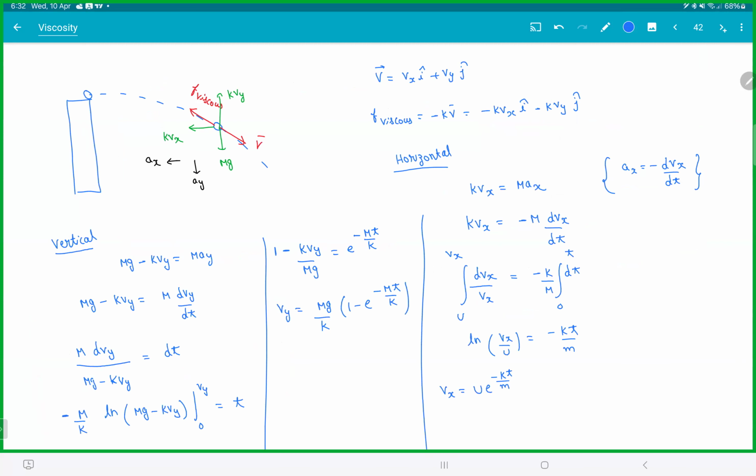Check. That's your vy and vx as a function of time t.